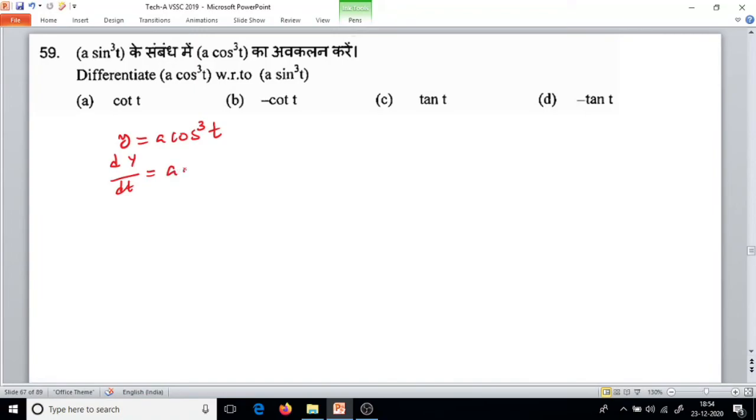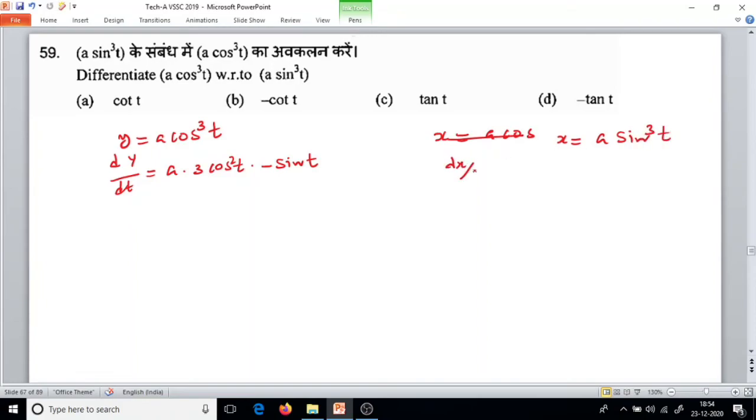A is a constant, so let it be there. 3 cos square t, and the differentiation of cos is minus sin t. Now x equal to A sin cube t.